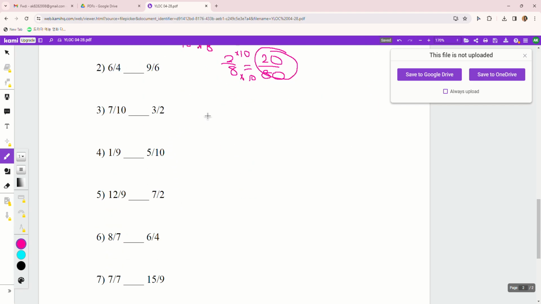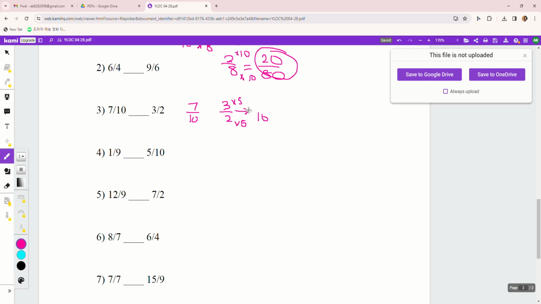Next is number 3, 7 over 10ths and 3 over 2. So this, you could just change 3 over 2 to 10. So you multiply 5 to each side because 10 divided by 2 is 5.